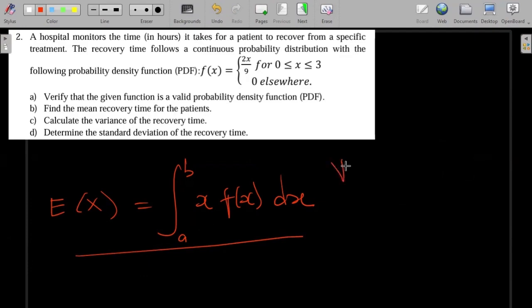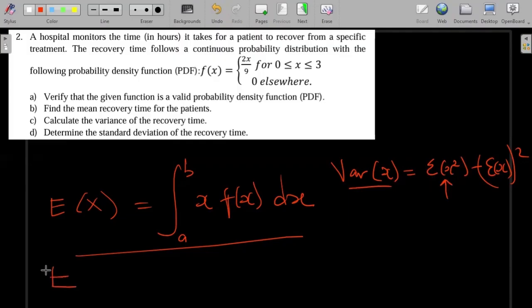Then we also have to know the formula for variance. So the variance of x is equal to the expected value of x squared minus the expected value of x, and then we square it. This means that we need to find the expected value of x squared when we are finding the variance.